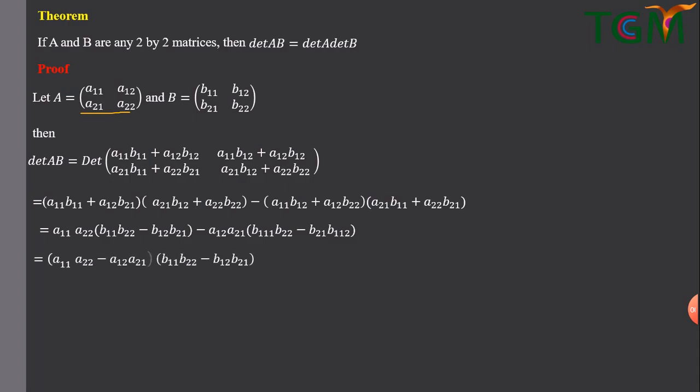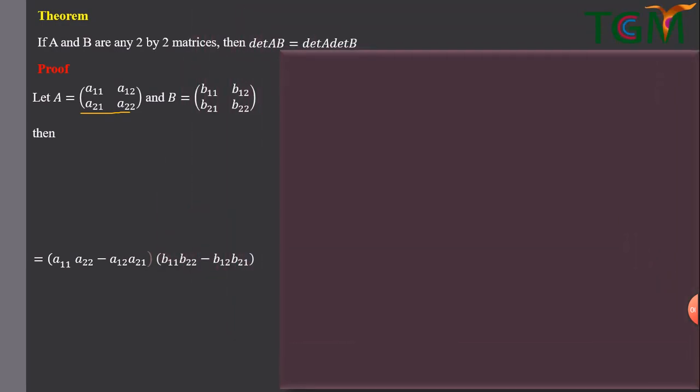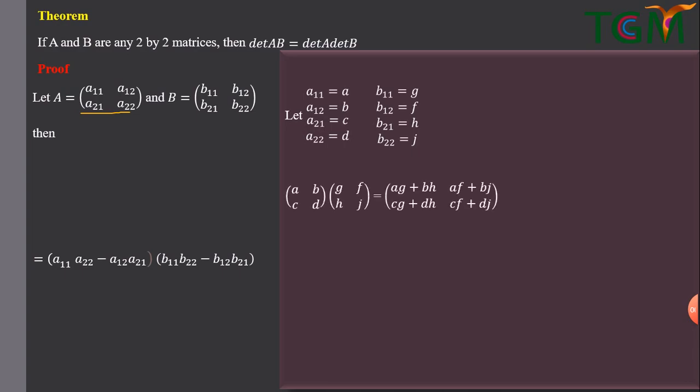Now I know that using these letters and symbols is more confusing, so let's try to use less complicated letters. If we let the elements of matrix A be the letters A, B, C and D, and the entries of matrix B be the letters G, F, H and J, then matrix A will be equal to that and B will be that.